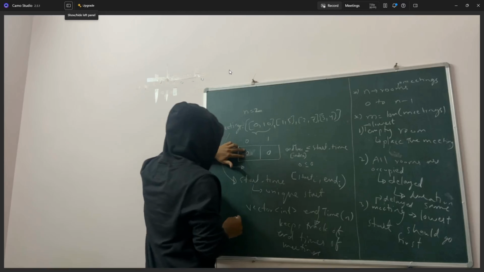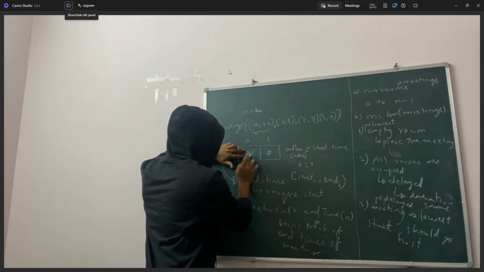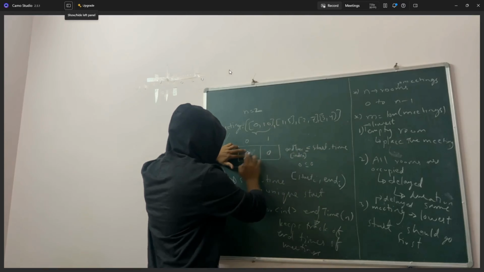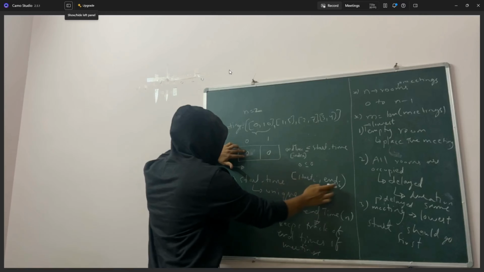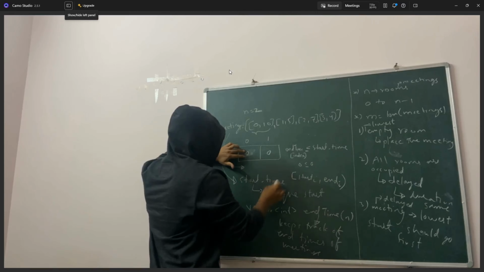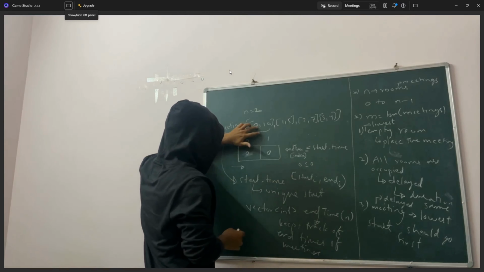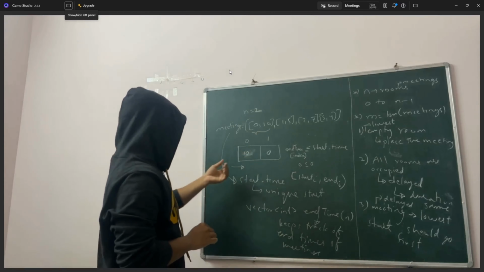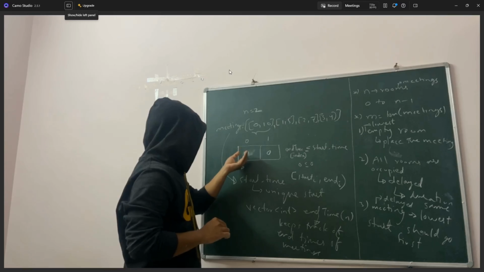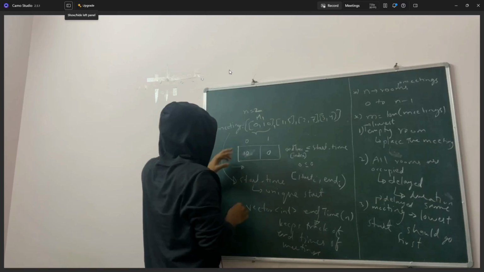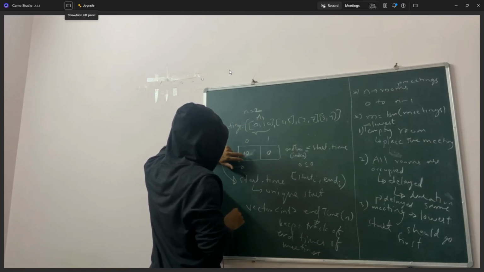So even if a meeting is ending at this time and the starting time of the other meeting is the same, we can choose that, because it will end before this only, this is not included. So here 0 equals 0 is true, so I'll try to place this meeting in this room. So I'll insert this end time here, which means the meeting room is occupied by meeting m1, and it is ending at 10.